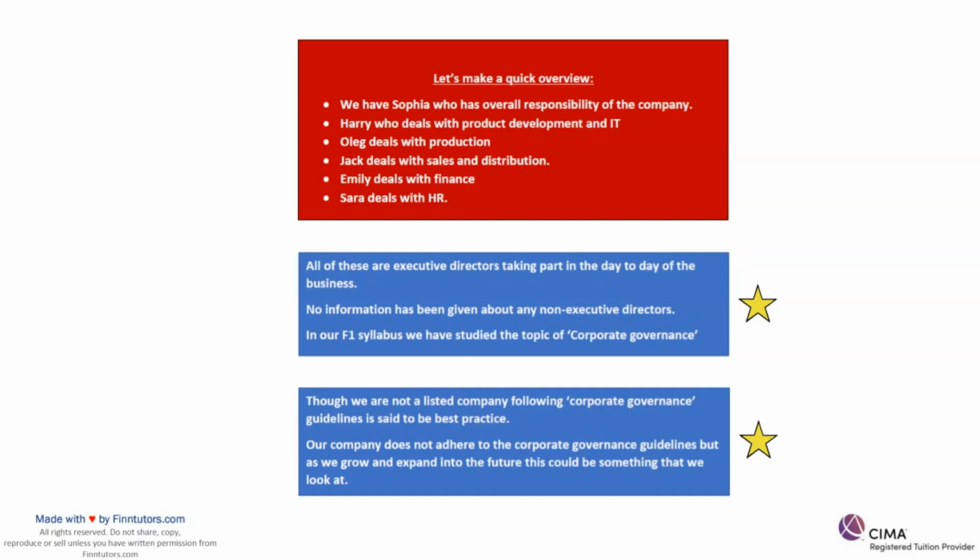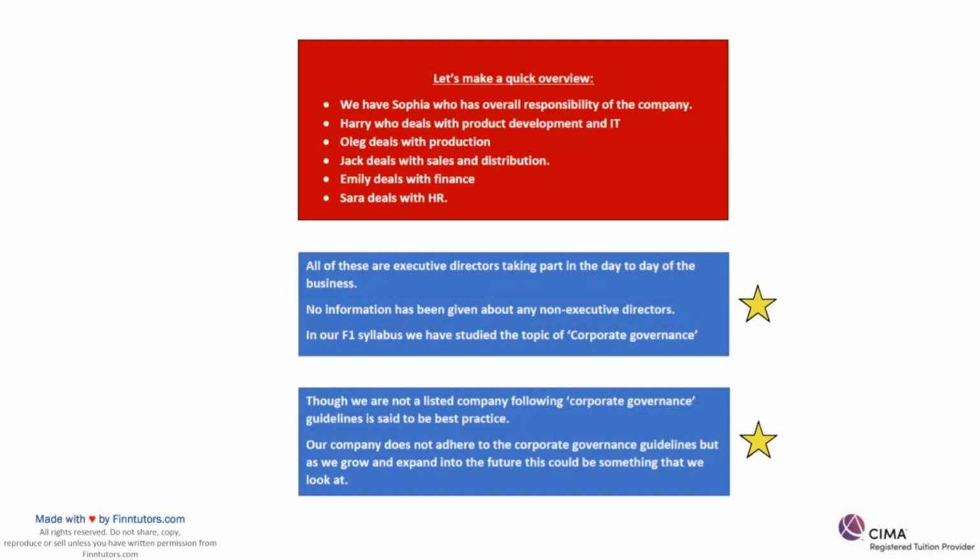In our F1 syllabus, we have studied the topic of corporate governance, which says for a company to be run well, there must be equal number of executives and non-executive directors. But generally, this rule is for a listed company or for a quoted company. So though we are not a quoted or a listed company as of now, following corporate governance guidelines is said to be best practice.